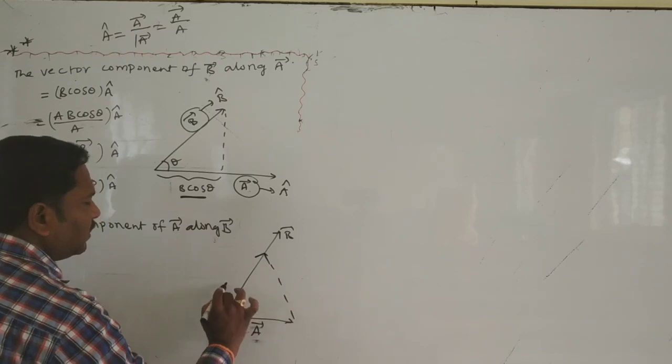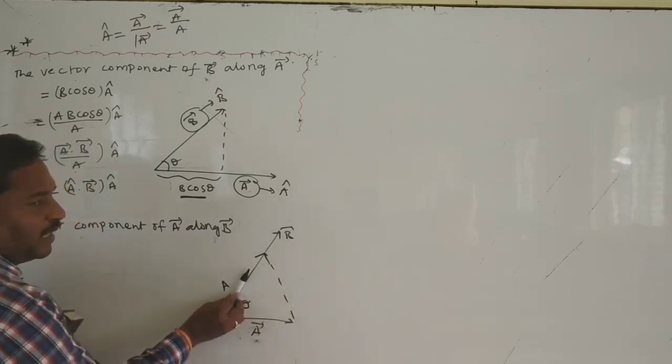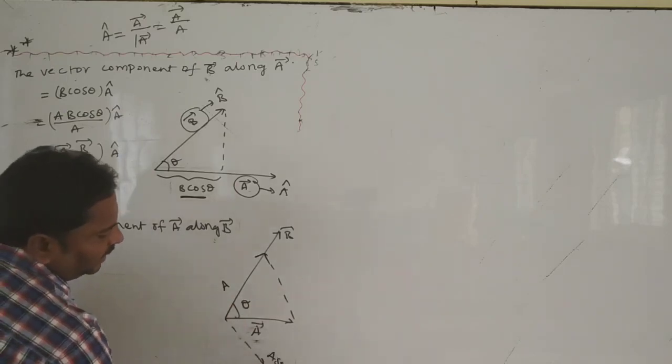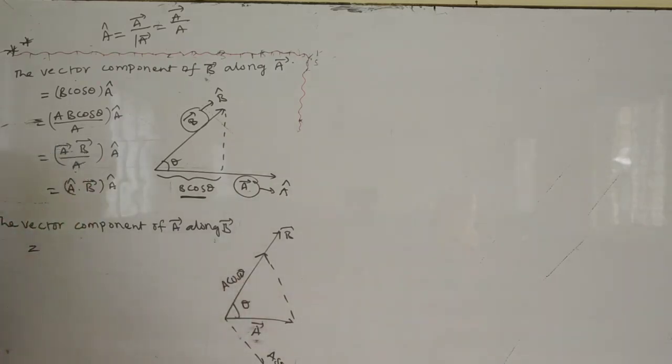This direction is theta. So we resolve it along B bar: this is A cos theta, and in this direction A sin theta. So this equals A cos theta into B cap, the B bar direction.